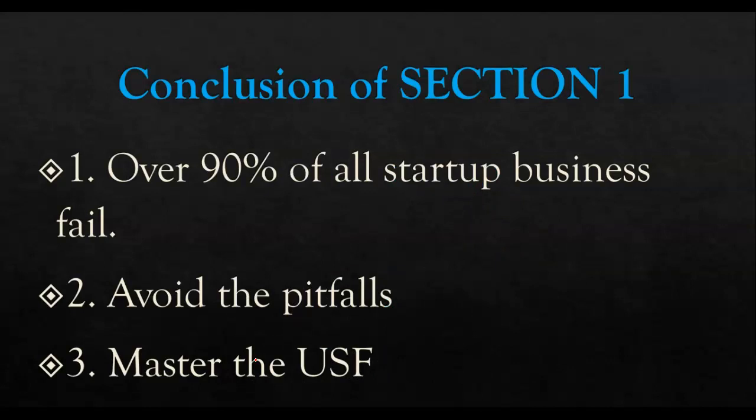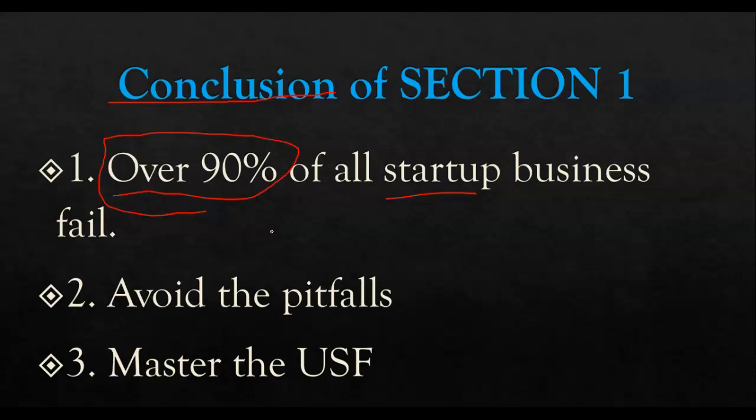Alright, so this brings me to the end of section 1 of our course. So now let's look at the conclusion. And the conclusion here is, over 90% of all business startups fail. So what do you have to do?